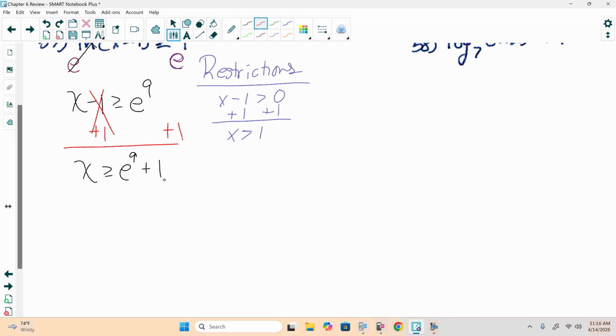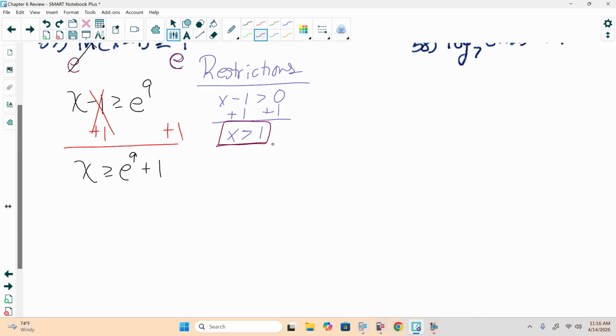Now, the last thing we have to do is check and make sure our restrictions do not come into play. We don't have to add them back in. Now, we said that our restriction, our values of x have to be greater than 1, yes? What's a value of x that would make this statement false? What's a value of x that's less, not greater than 1? Negative 1, yes?